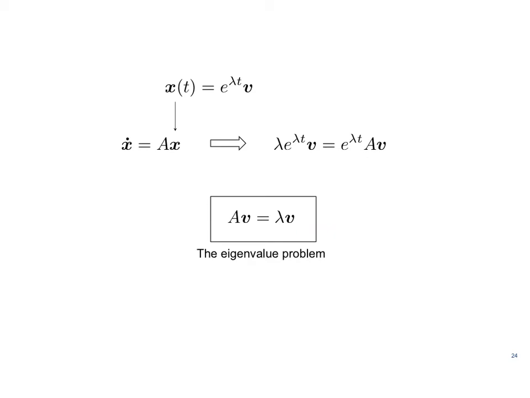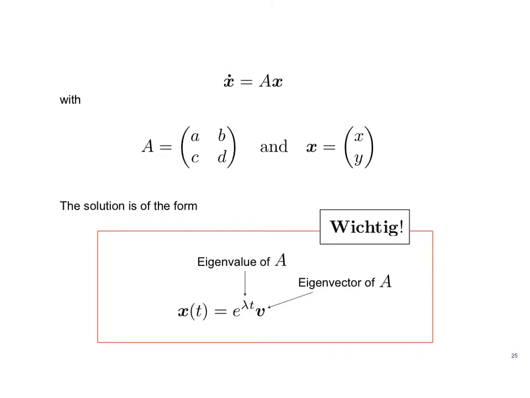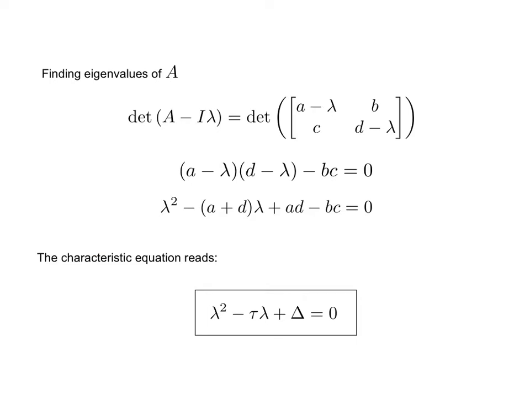This is very nice because now you know why this v is called the eigenvector of A and lambda the eigenvalue. So we want to find the eigenvalues and the eigenvectors of A.